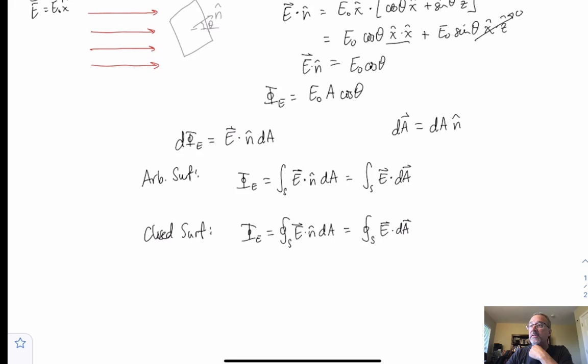There are some examples in section 6.1 where you can look at electric flux. They give you an inhomogeneous electric field in example 6.4 where you have to integrate because the electric field is dependent on the y component of the surface. So that's basically the introduction to electric flux that allows us to then define what Gauss's law is, which is the next video.